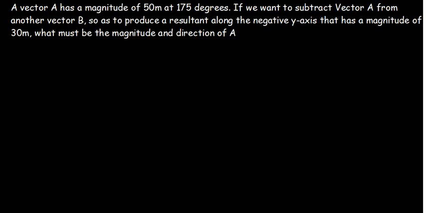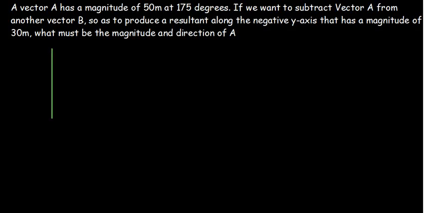Alright, so firstly let's represent this question on the x-y plane. Here we have the x-axis and there we have the y-axis. And we've been told we've got vector A that has a magnitude of 50 meters at 175 degrees.